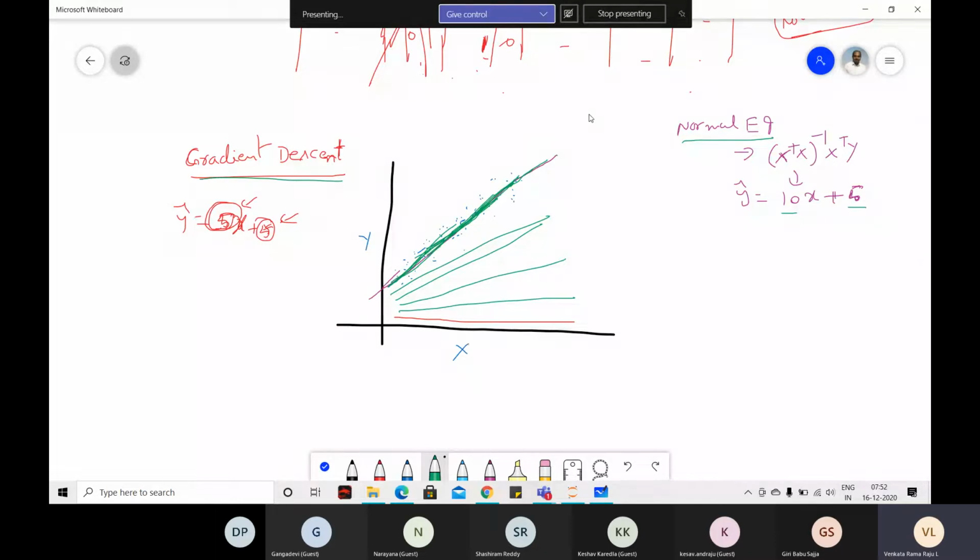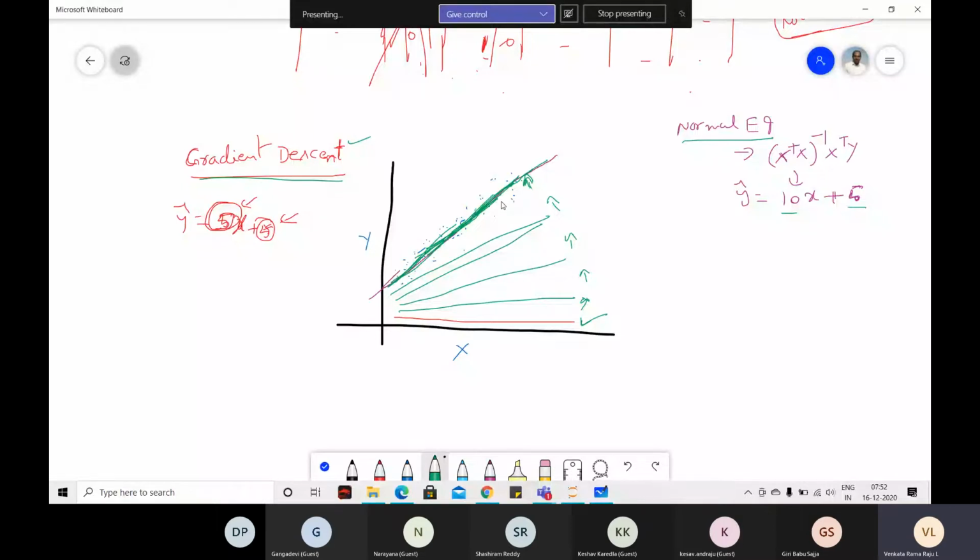But the way it works is, it draws a random line in the space and it moves the line in such a way that it actually reaches the global minima at one point in time. Okay. By gradient descent algorithm. Suppose that you don't have the algorithm and you wanted to draw random lines like this. Do we know when we will be reaching the global minimal or best fit line?